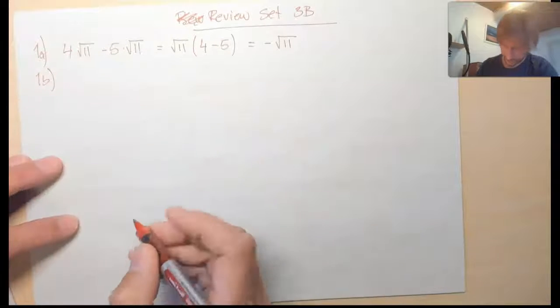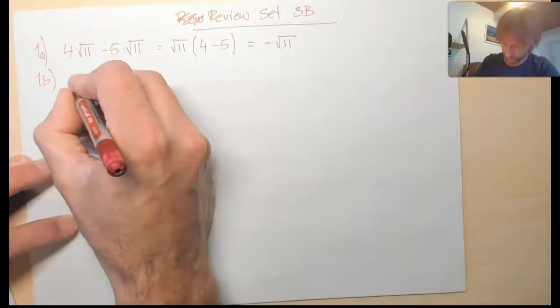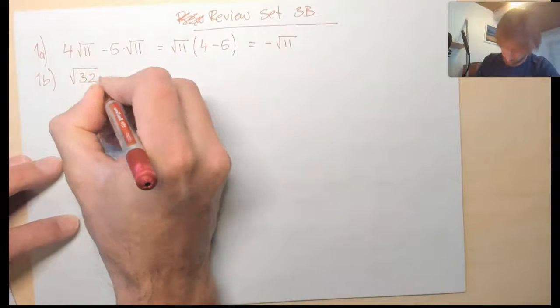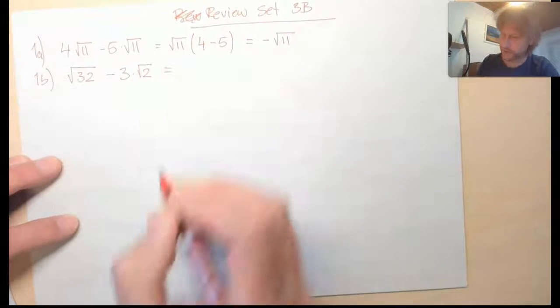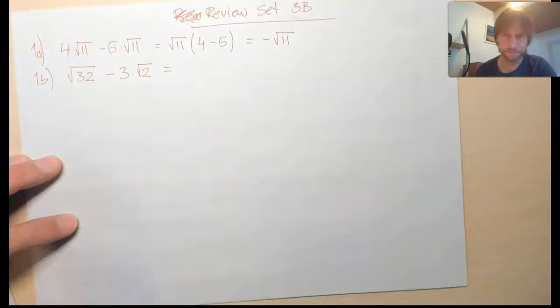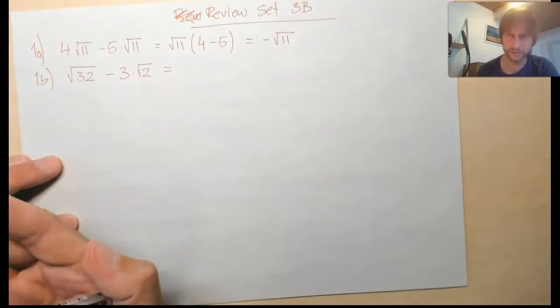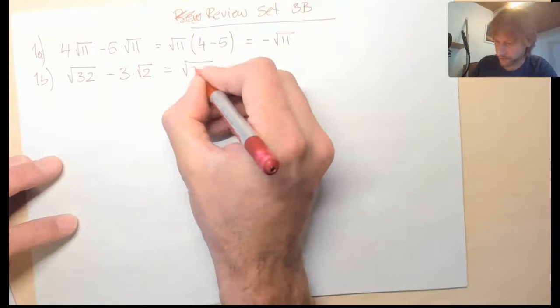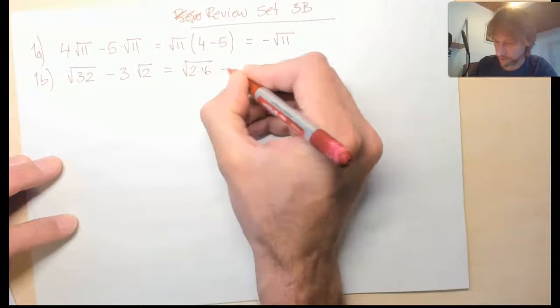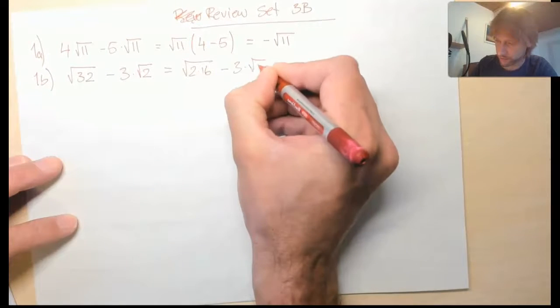1b, we have to simplify the square root of 32 minus 3 times the square root of 2. And the square root of 32, I see the number 32, and inside my head I think this is 2 times 16. So we have the square root of 2 times 16 minus 3 times the square root of 2.